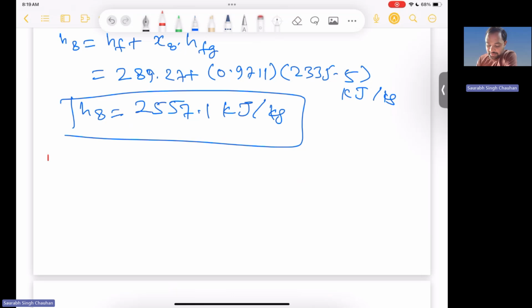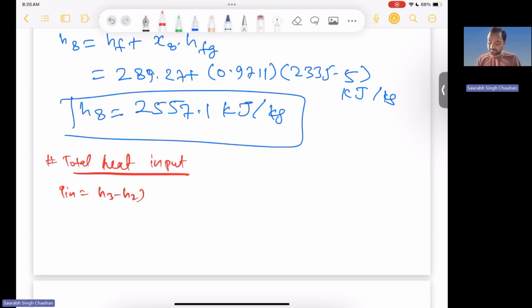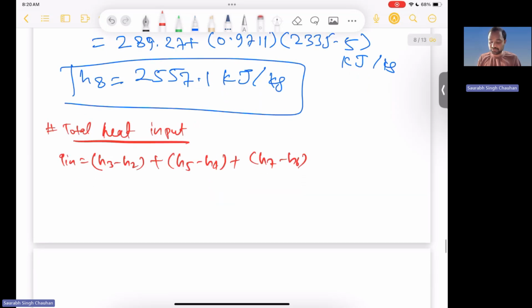Now we need total heat input. We are providing the total heat in the boiler, then the first reheat and the second reheat. So in the boiler it will be H3 minus H2. Then first stage of reheat, H5 minus H4. Then the second stage of reheat, H7 minus H6. All these values we have. We just need to put the values.